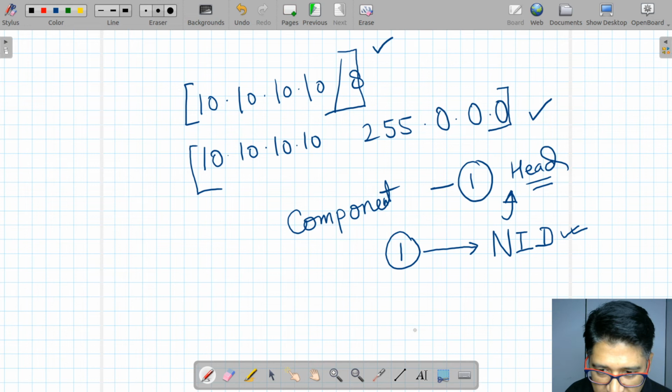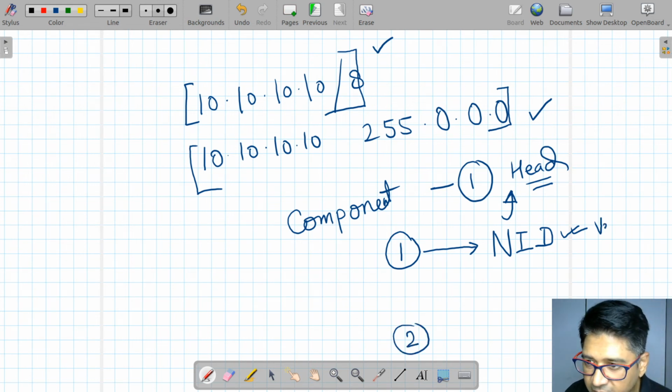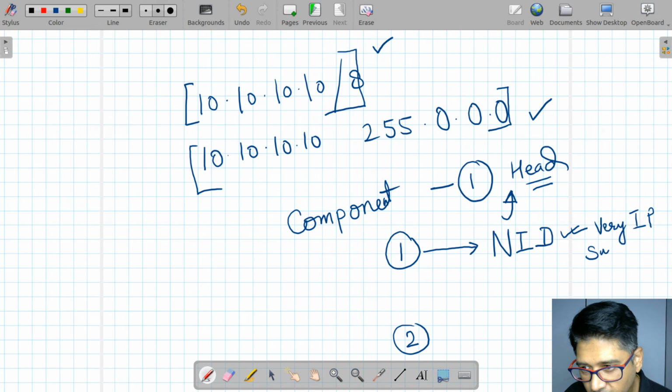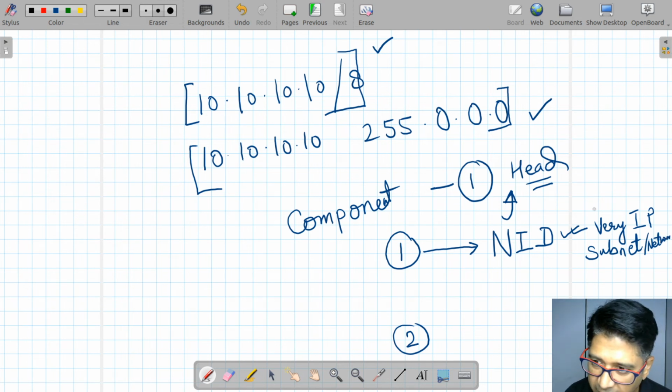So the first part of any IP network is the network ID. This is the very first IP of that subnet or network. Clear, guys? This is the family head.